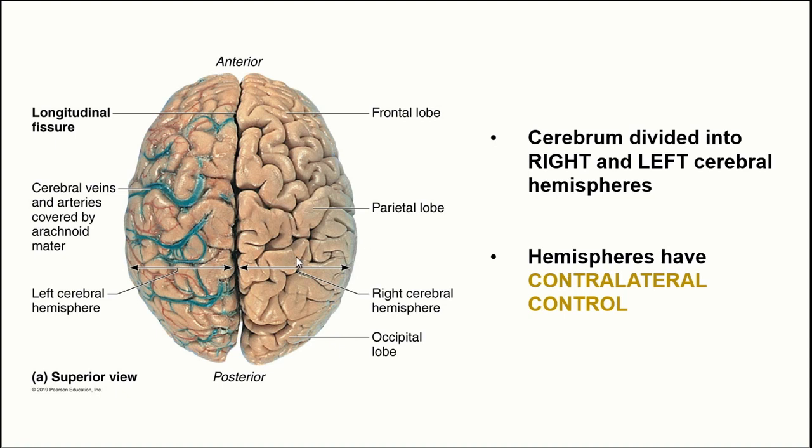That is, the right cerebral hemisphere receives sensory information and controls things like skeletal muscles on the left side of the body. So again, the right cerebral hemisphere senses and controls the left side of the body, while the left cerebral hemisphere receives sensory information and controls things like skeletal muscles on the right side of the body. So contralateral implies opposite control, or sensations are coming in from the opposite side of the body from that particular cerebral hemisphere.